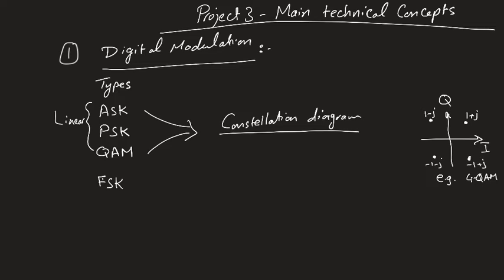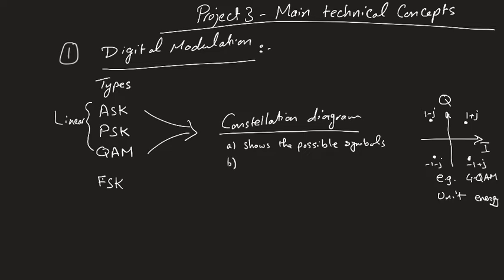Now this is for a unit energy case, okay? The constellation diagram, number 1, A, shows the possible symbols coming out of a modulator.